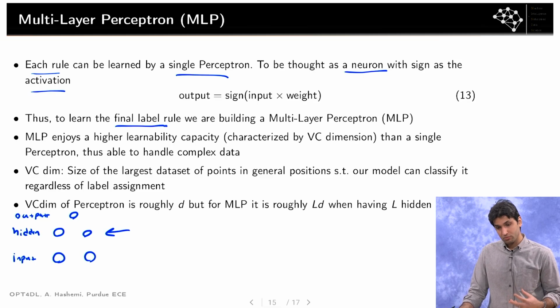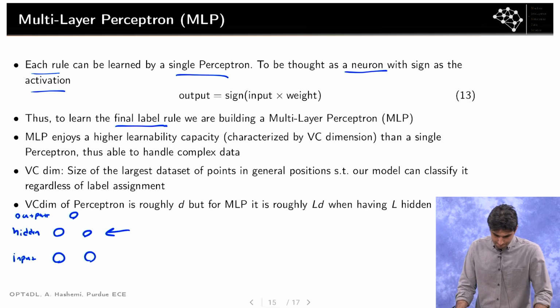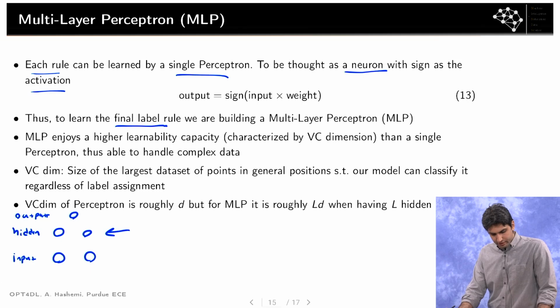And we need it here to basically make sure that our model is capable of handling nonlinear data or nonlinearly separable classes.